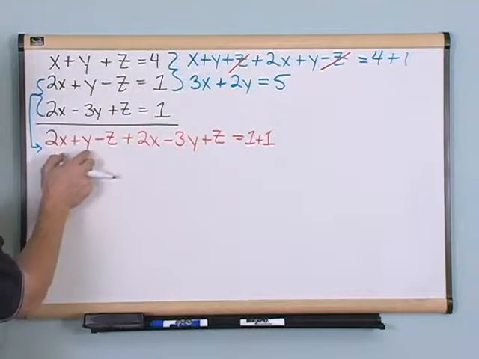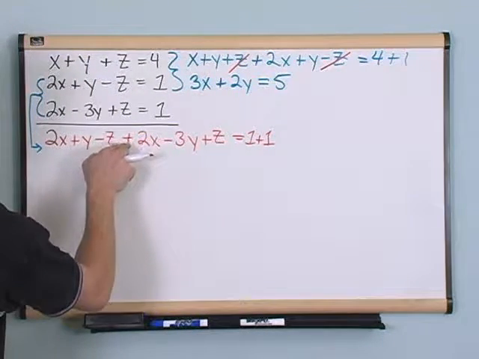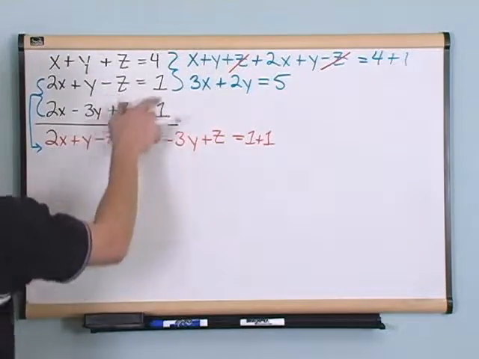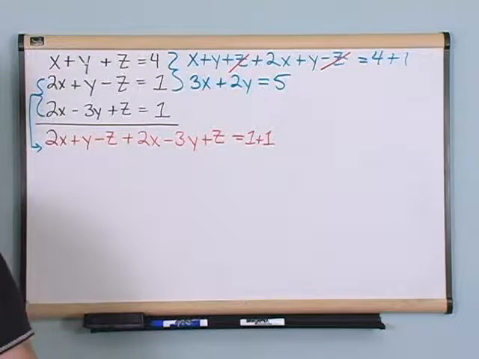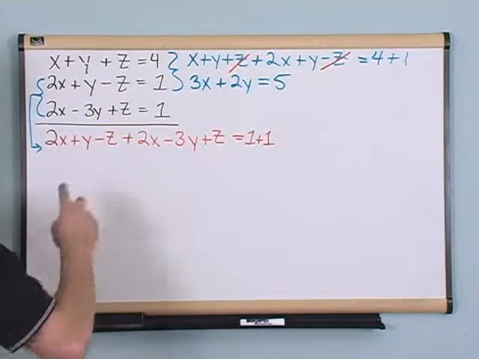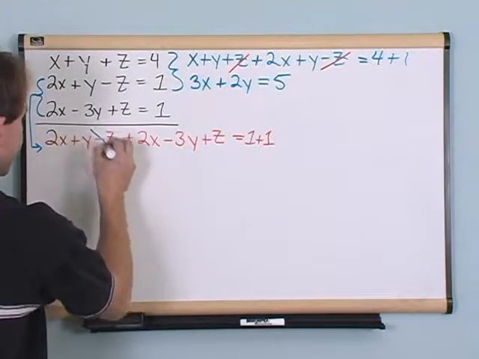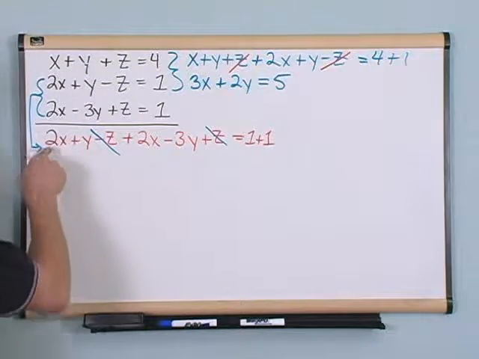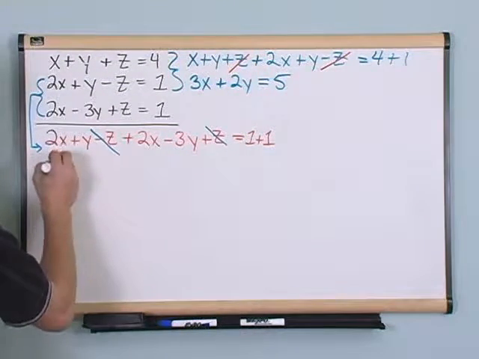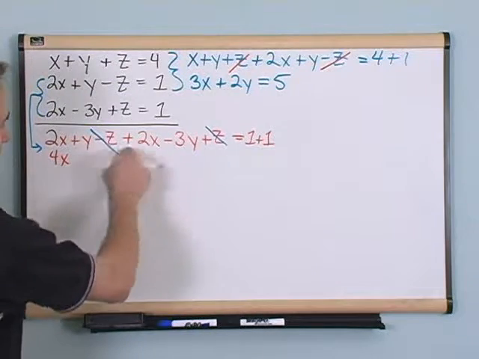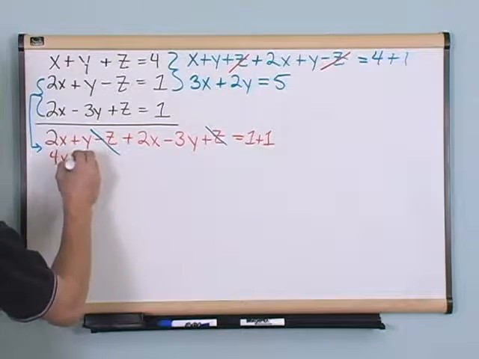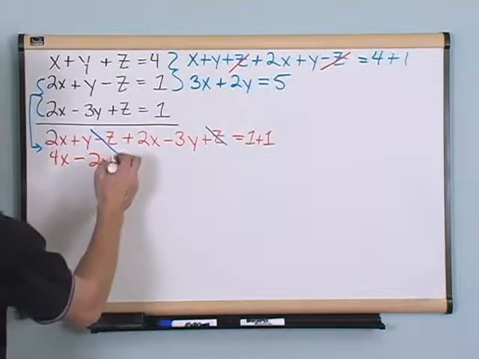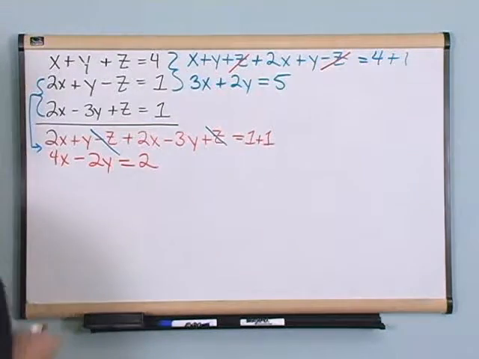The negative z cancels with the positive z, which is exactly what I was trying to do. The 2x plus the 2x gives you 4x. The y minus the 3y gives you negative 2y. Equals 1 plus 1 is 2.